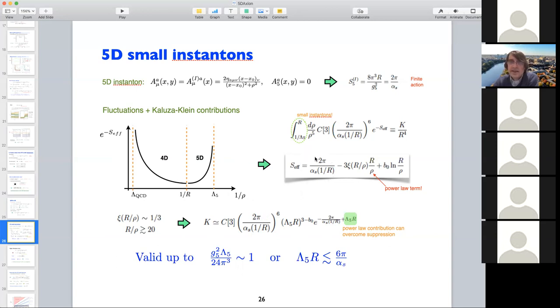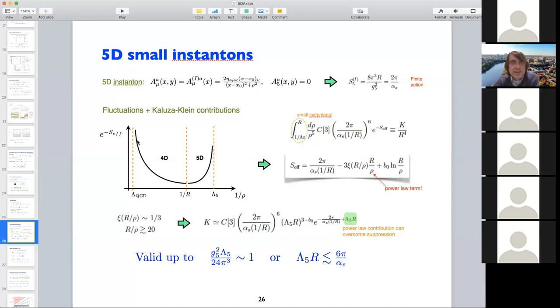That's the first piece, and I'm plotting it as a function of the size of the instanton. Normally this contribution, e to the minus S, just falls off exponentially, because as I'm moving to the right here, the energy scale is increasing, or the instanton size is decreasing.